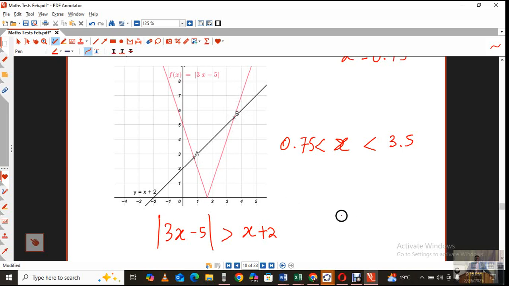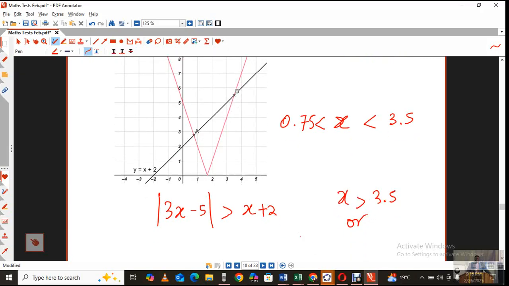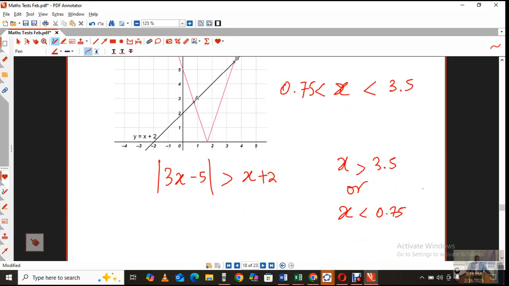It is above where x is greater than 3.5. So it becomes an or inequality. When I come to this other side at A, where x is less than 0.75. That's how you would be solving it using the inequalities and the graph.